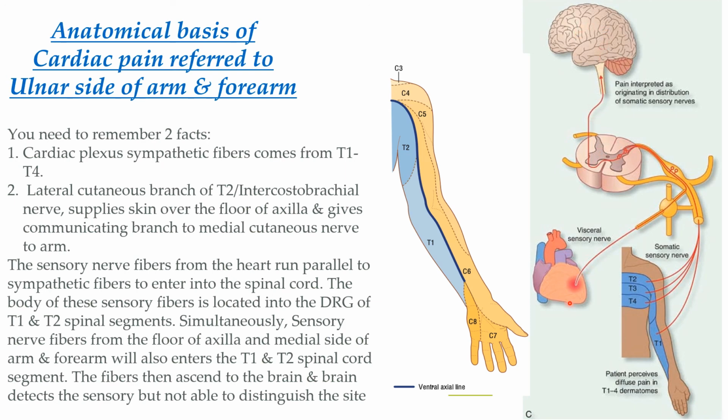So, when the input is coming from the heart, the brain may misinterpret it as input coming from the medial side of the arm and forearm, and hence the patient suffering from ischemia of the myocardium may complain of pain coming from the medial side of the arm and forearm, and this phenomenon is called referred pain. This means the pain of the myocardium is being referred to the medial side of the arm and forearm.